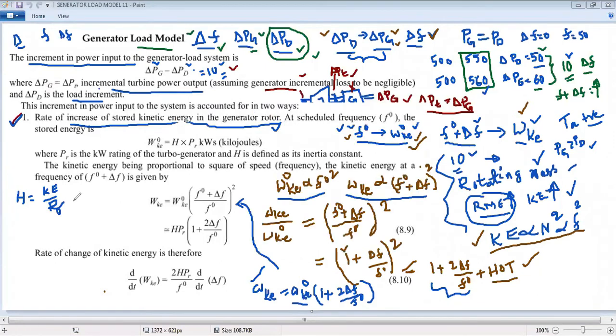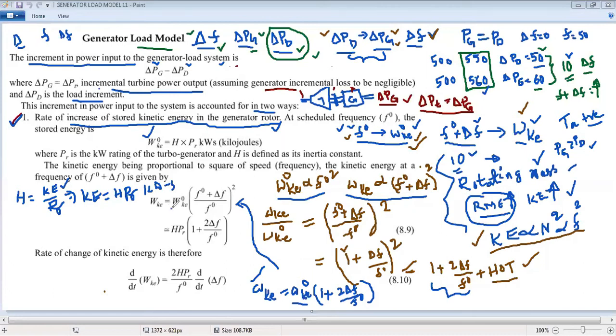So the kinetic energy is given by the inertia constant multiplied by the rating of the machine PR. If PR is in kW and H is in seconds, then you can write it in kW seconds. That's why Wke naught equals H into PR kW seconds or kilojoules.